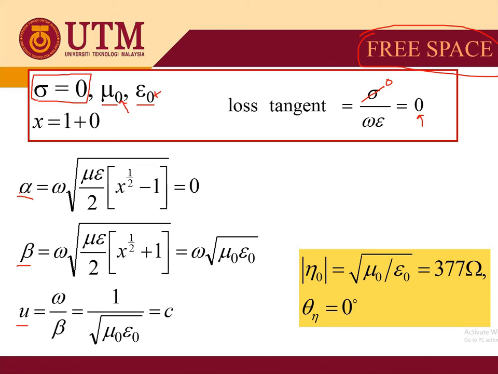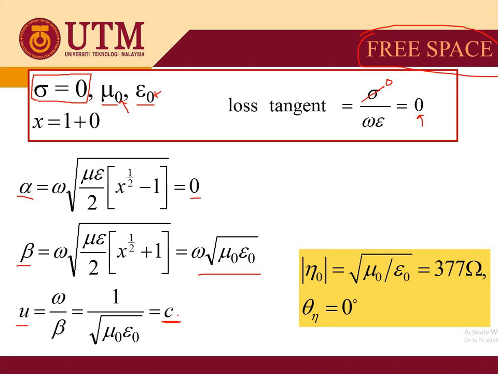In free space, alpha equals 0, beta equals omega square root of mu naught epsilon naught, and u, the velocity, equals omega over beta, which equals c, the speed of light.